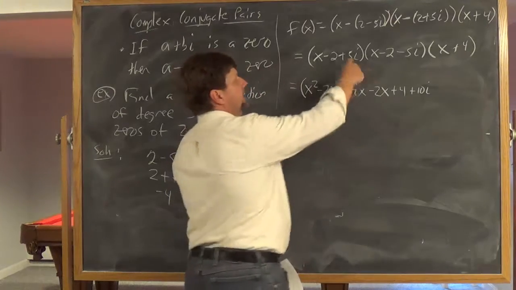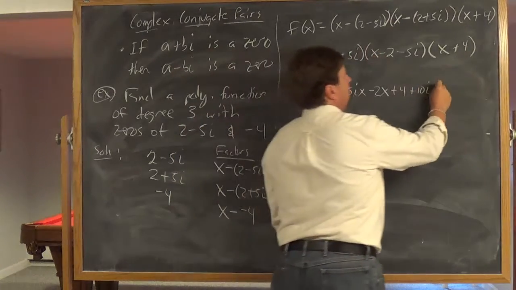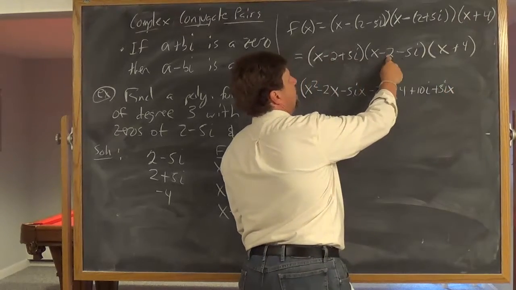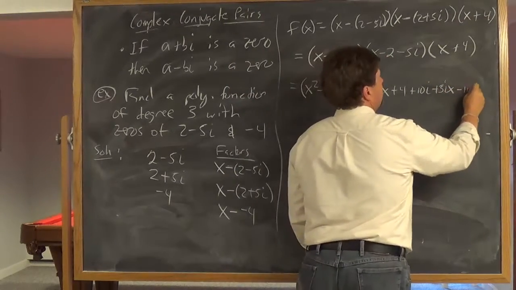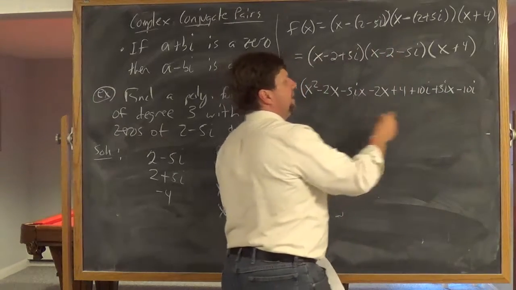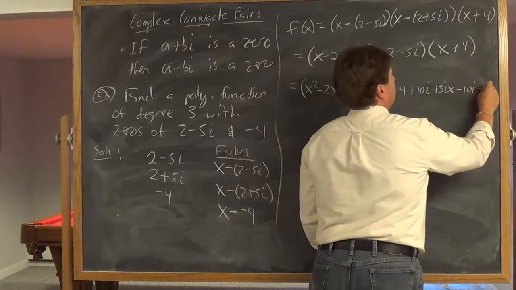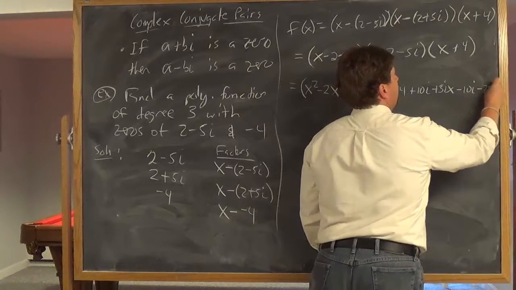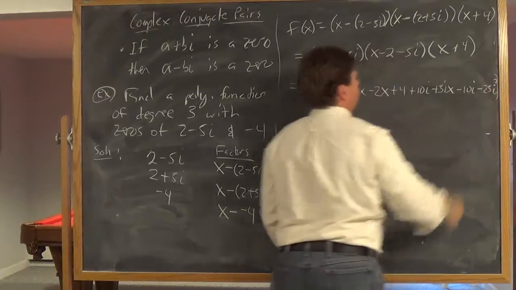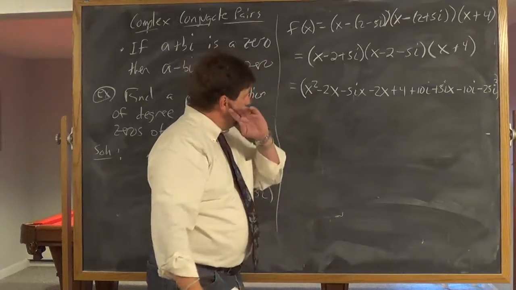And I'm not done. 5i times x, that's a 5ix. 5i times negative 2 is a negative 10i. And then 5i times negative 5i, that's a negative 25i squared. Just barely got that on the board.